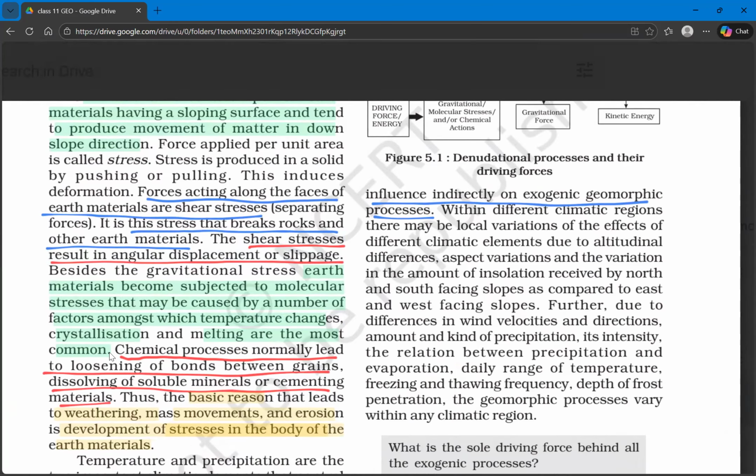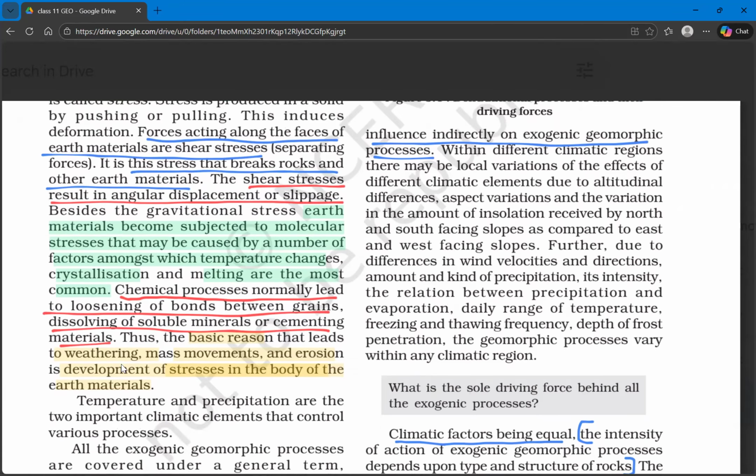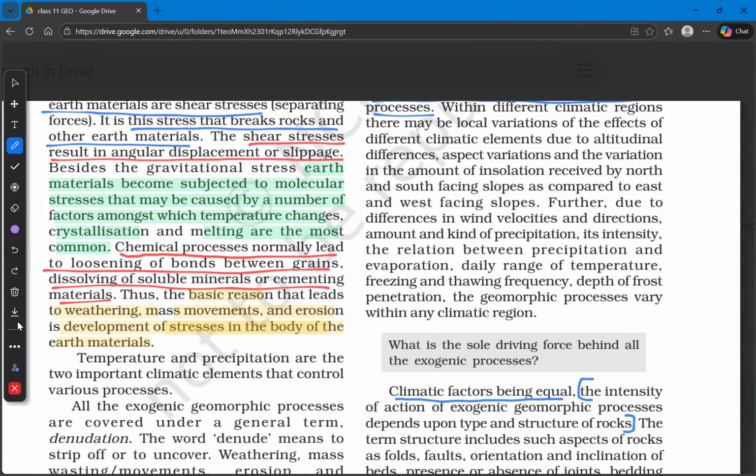So for molecular stresses, what are the factors? That is change in temperature, crystallization, and also melting. These are important. Chemical processes normally lead to loosening of bonds between grains, dissolving of soluble minerals, or cementing materials. So what happens?